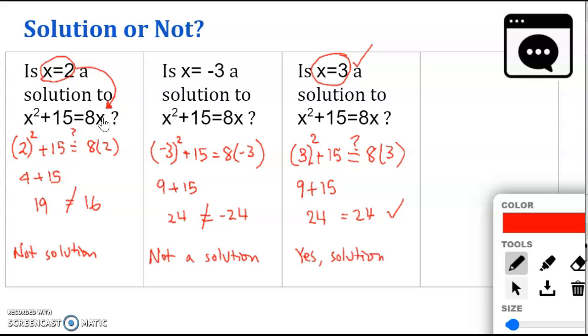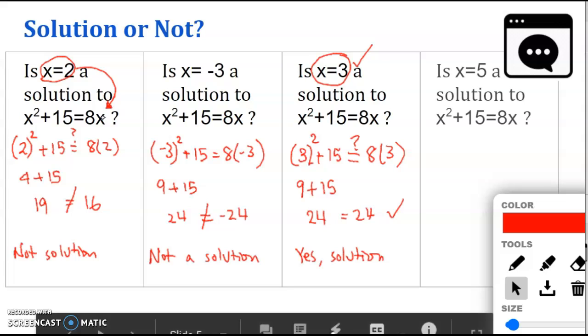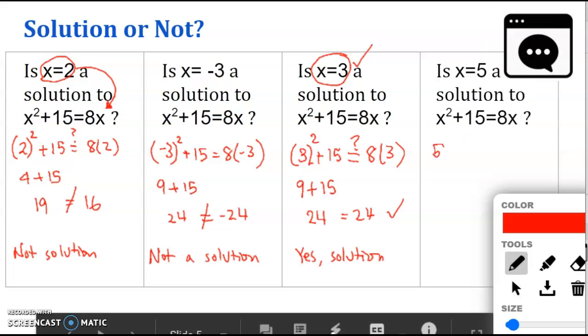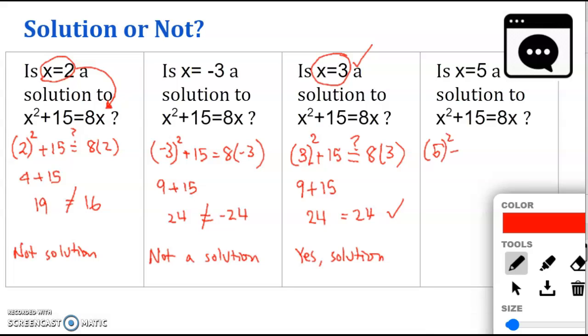And then lastly, let's try this problem. Is x is equal to 5 a solution? Again, we do 5 whole squared plus 15. Is that equal to 8 times 5? And 5 squared is 25 plus 15. 25 plus 15 is 40.